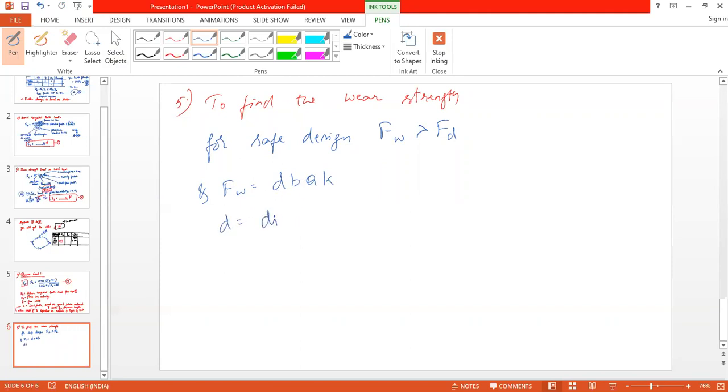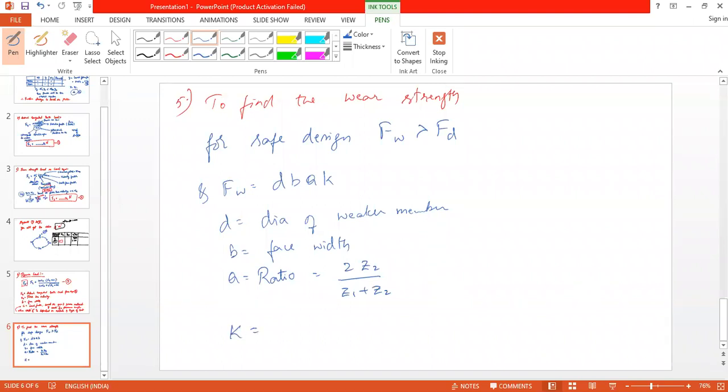Where D is the diameter of the weaker member, and B is again face width. And what is Q? Q is the ratio factor, equal to 2 times Z2 by Z1 plus Z2.